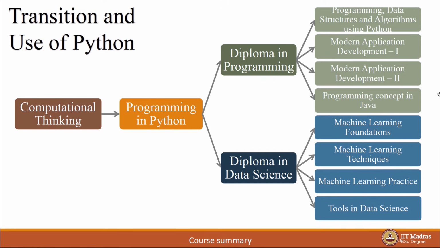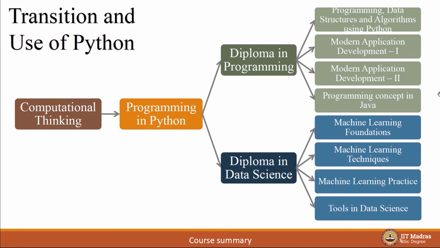Over there, the implementation of that concept might vary, but still the concept which you studied here will remain the same. On the other side, which is diploma in data science, once again courses like machine learning foundations, techniques and practice will be taught using Python language. Whereas a course like tools in data science will involve a lot of different tools, and out of those many tools, one very important tool will be Python language.